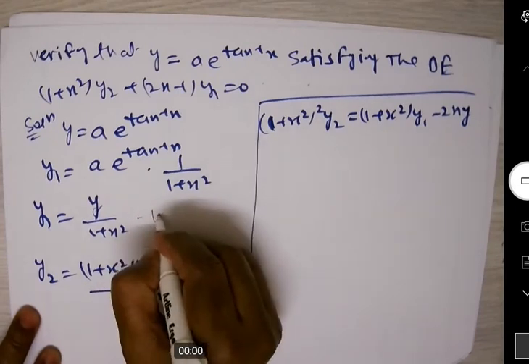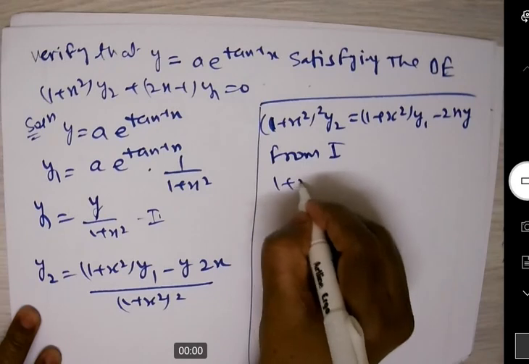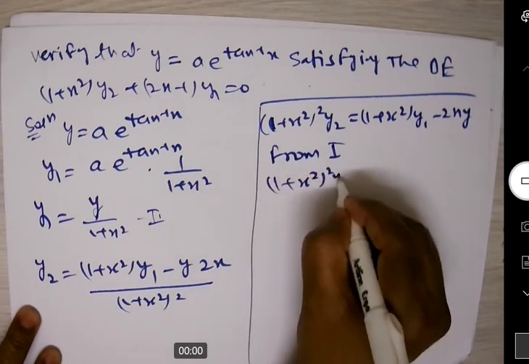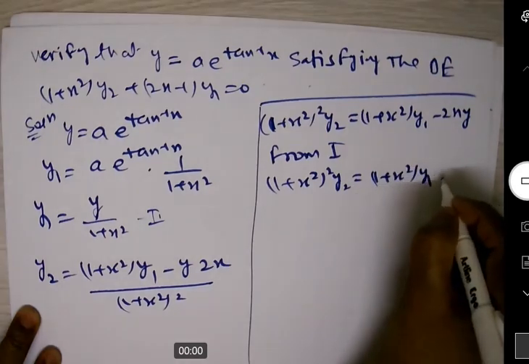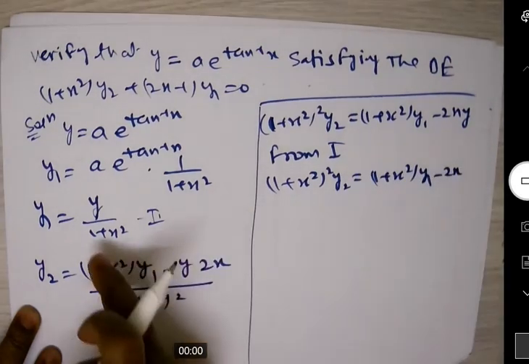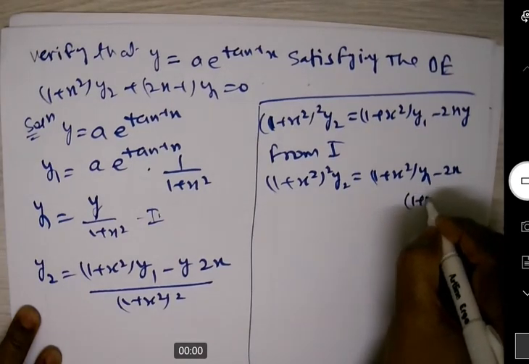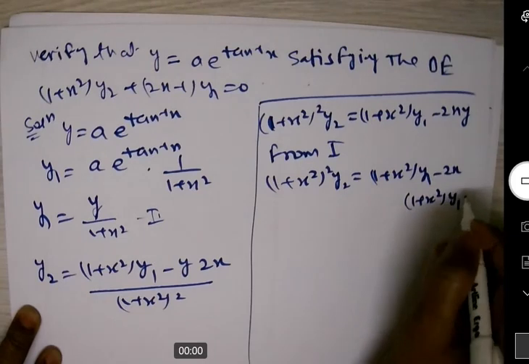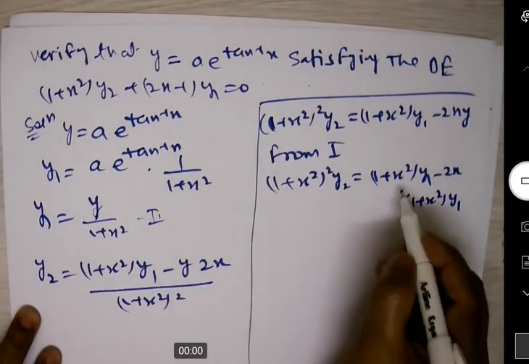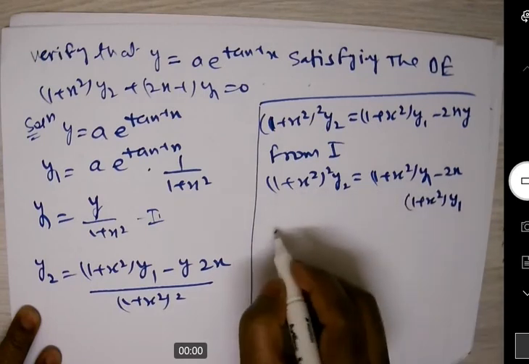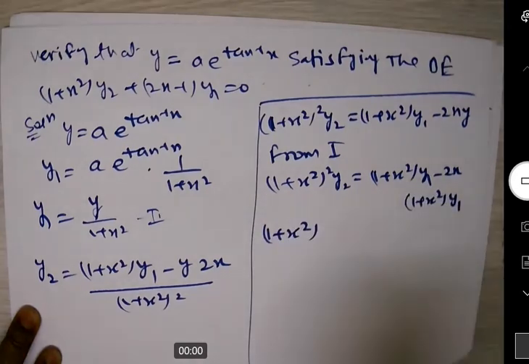So from the first equation, we can write 1 plus x square power 2 y2 is equal to 1 plus x square y1 minus 2x times y. The value of y is y1 into 1 plus x square. Now see 1 plus x square here and here also. So divide by 1 plus x square on every side.